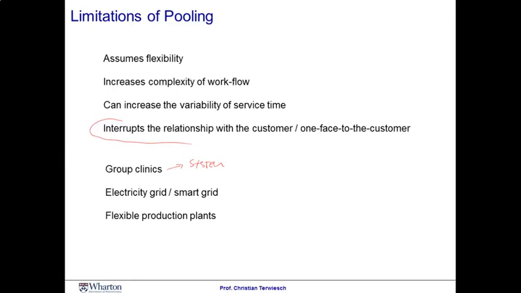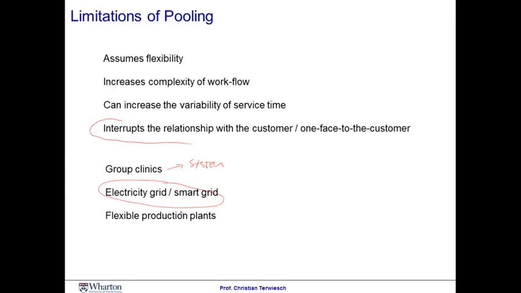One of the hottest areas of work right now is in the energy field. The problem of pooling is that the supply and demand of energy varies widely across the country. So if we're able to pool through a smart grid our electricity, we're going to be able to get much higher utilization levels and still provide the same quality of service.